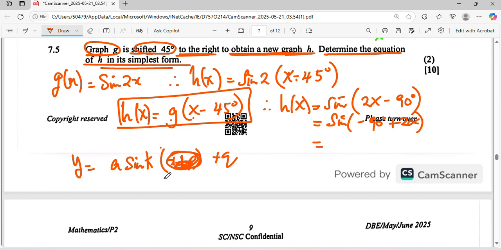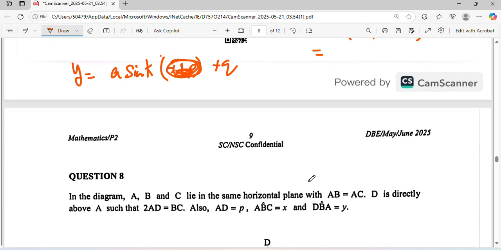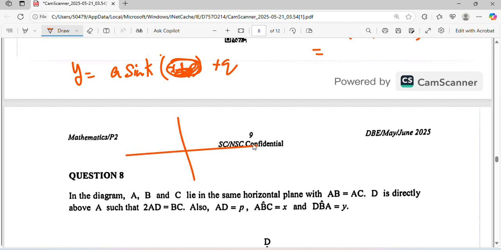And this, ladies and gentlemen, you go back to your reduction diagram.